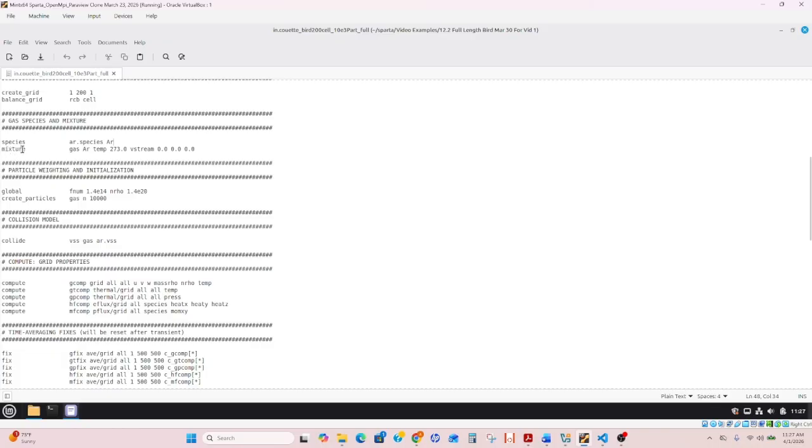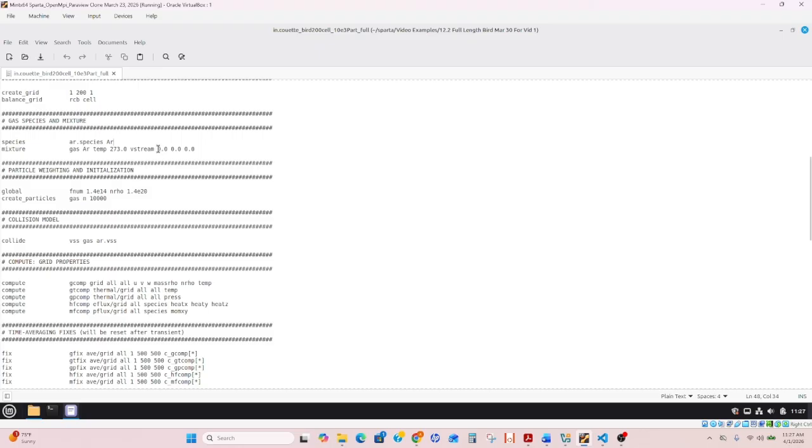All right, next we're defining our mixture. This is where, if you did have a mixture, you would put the ratio of each species. But here we're saying our mixture is gas. We're saying it's this AR, and we're telling it the temperature of the mixture and the velocity of the mixture that's just initialized. So we put the temp at 273, and the vstream command is where you can give it an initial velocity.